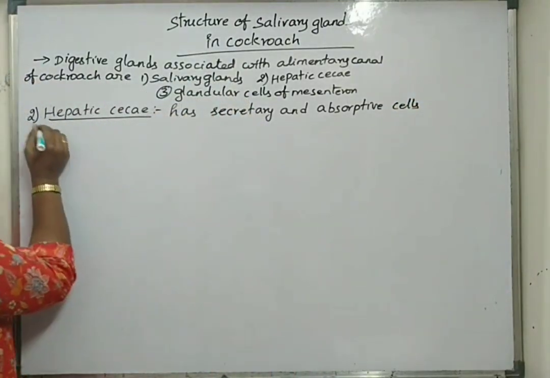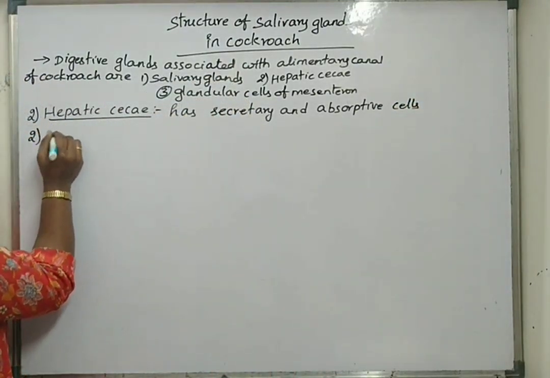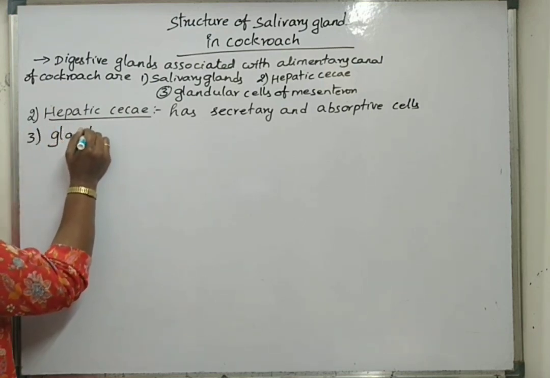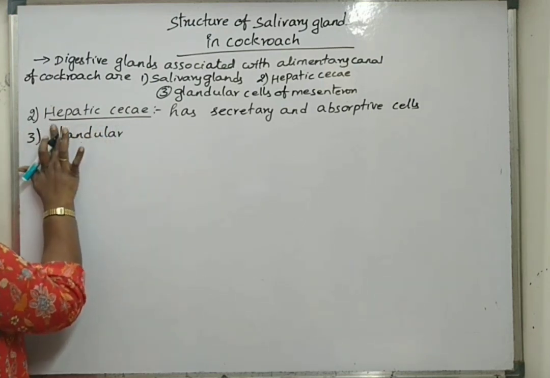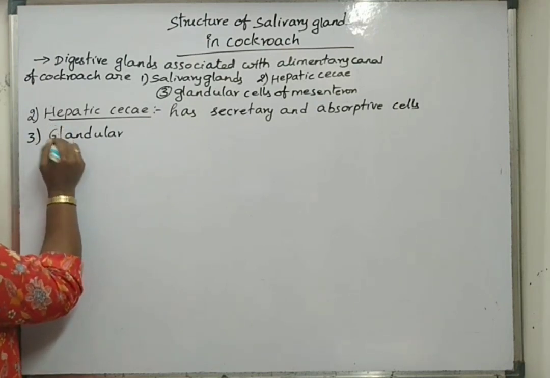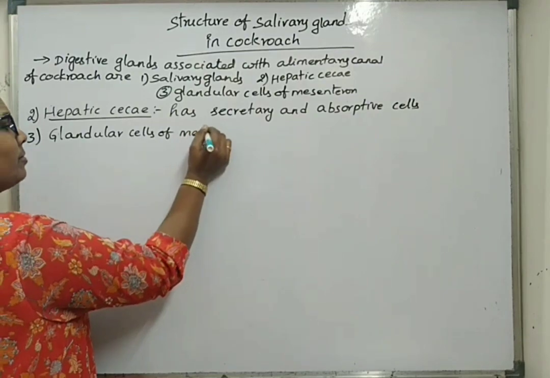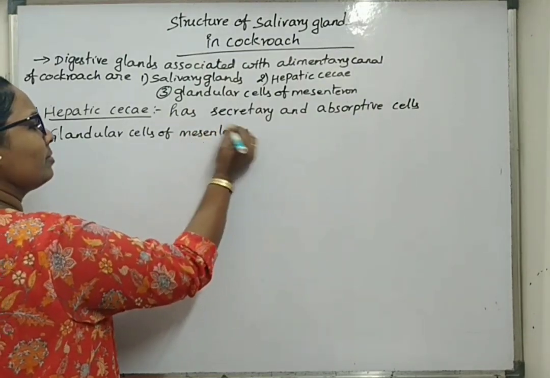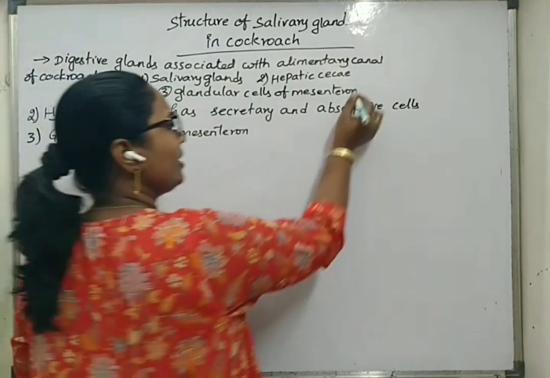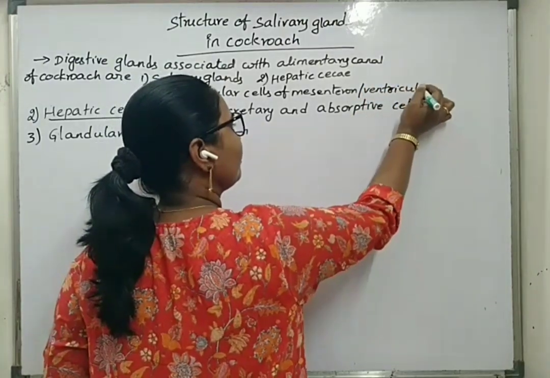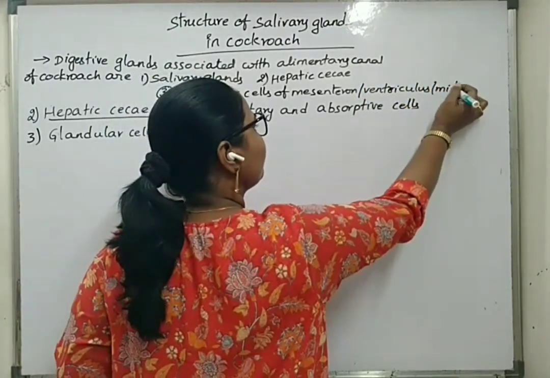Next one, glandular cells of mesenteron. Mesenteron also called as ventriculus or midgut.